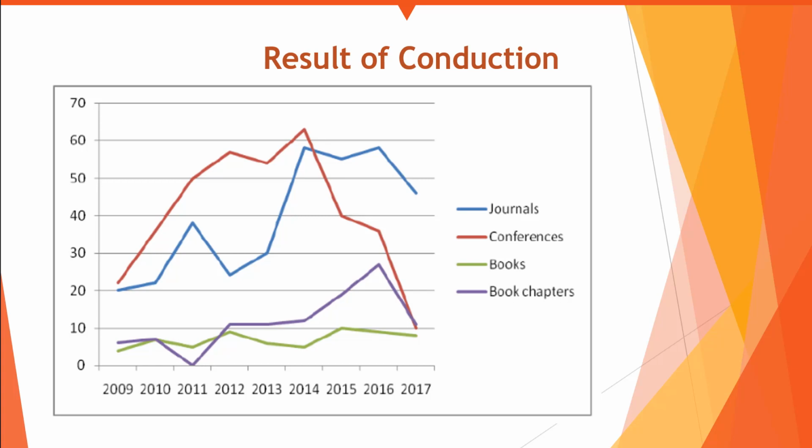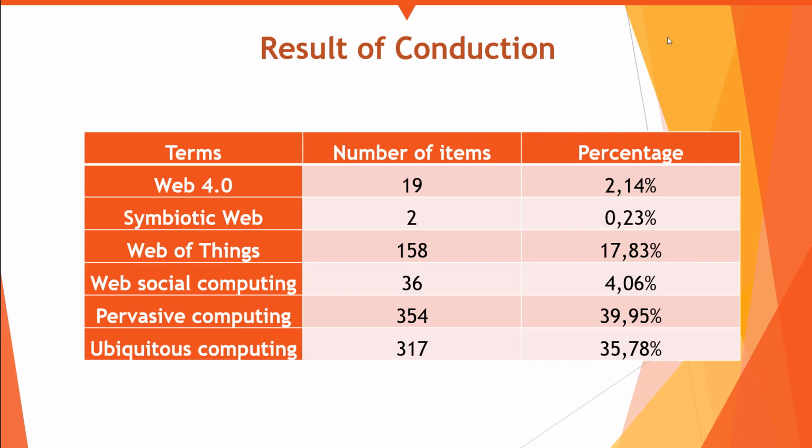And here the research conduction, as I mentioned in the table before, we have tons of data which I include here, the Web 4.0 and the number of items. The experience is about 19%, and the symbiotic is 2, and here we can see the figures, the numbers which relate to the research conduction.